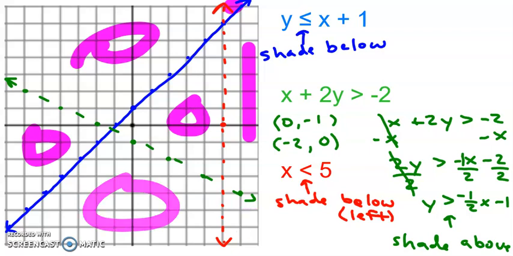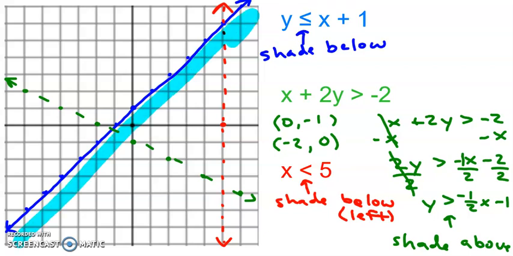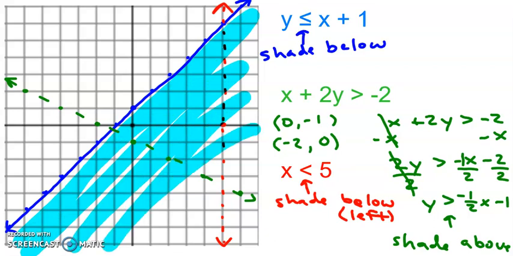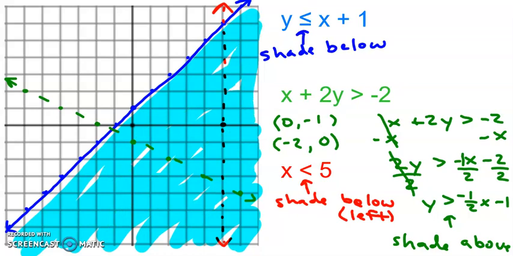So let's go ahead and fill in our shading. My first one, the blue one, shade below. Let me use my highlighter here, that might be easier. Obviously, this won't be as easy to shade with a highlighter like I am here, so you're just going to have to use pencil and darken in anything that's overlapping.